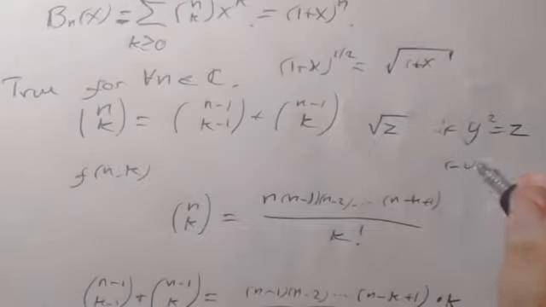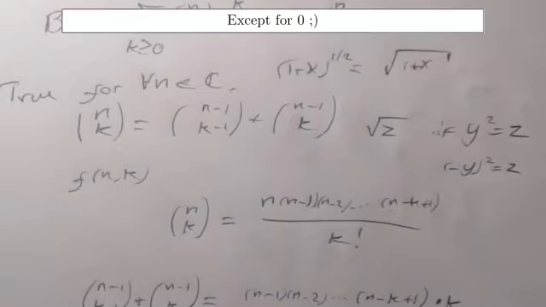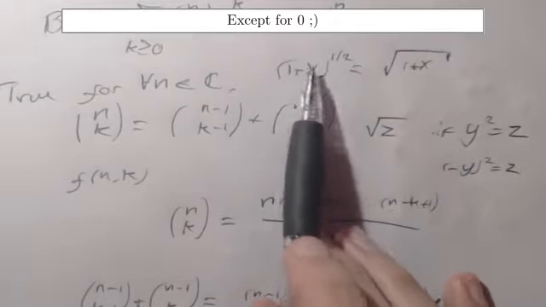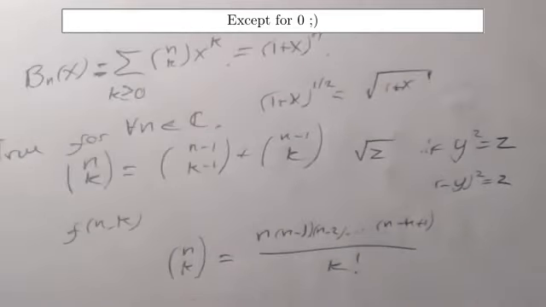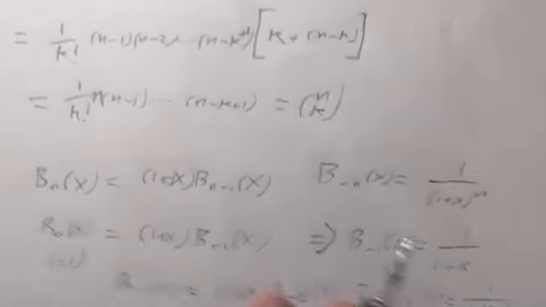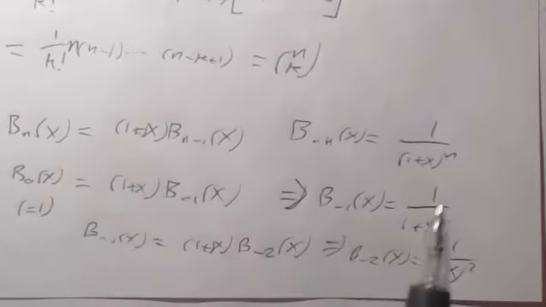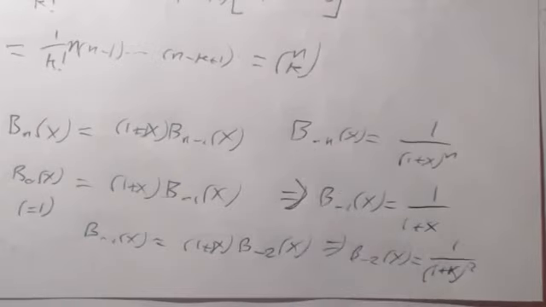Well, equally, minus y squared will then be z. So every complex number has 2 square roots. So just writing (1 plus x) to the half isn't well defined. You'd need to say more, and you'd need to explain what is going on, and it would get quite technical. So that's all I wanted to say about that. But at least with the material we've already developed, we can very easily prove that this holds for negative integers as well. So that's cool.